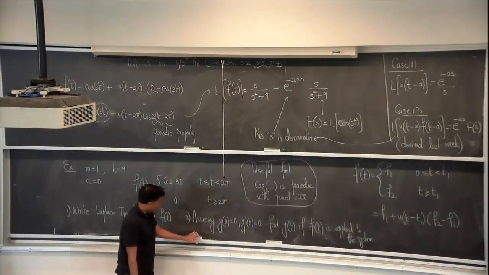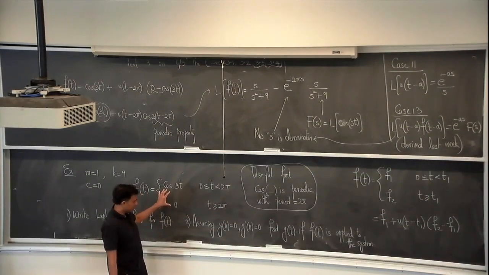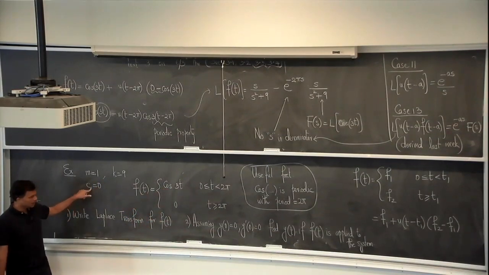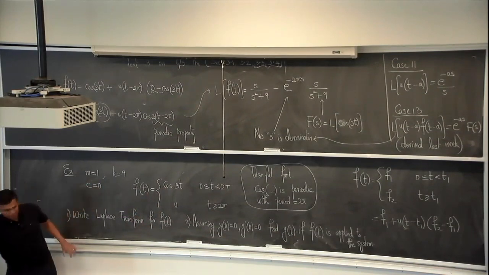So part 2 is where the piecewise function is the external force to a spring mass system with no dashpot, starting from equilibrium.